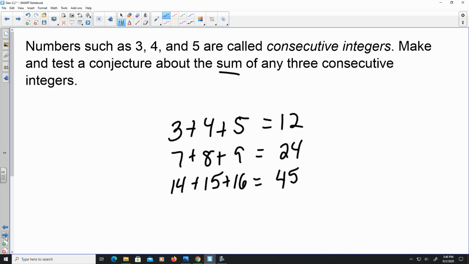Now, what kind of pattern can we say, or what kind of conjecture can we make about three consecutive integers?